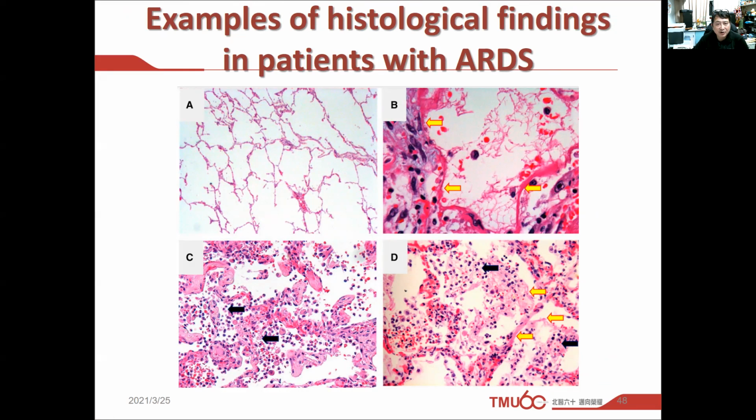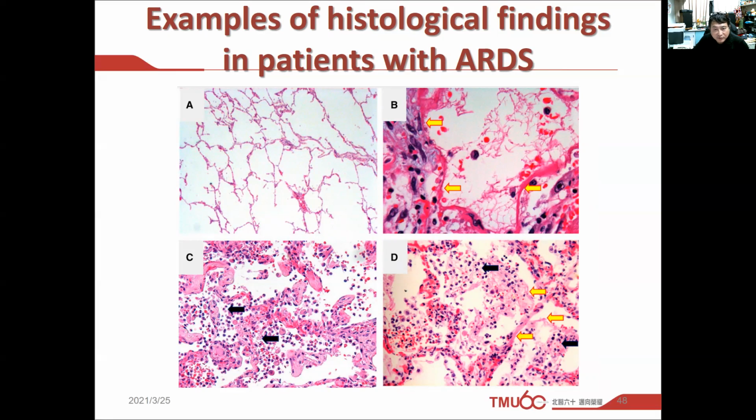Here is taken from a normal lung with mild alveolar distension, and here is the patient who developed diffuse alveolar damage. You can see that here.